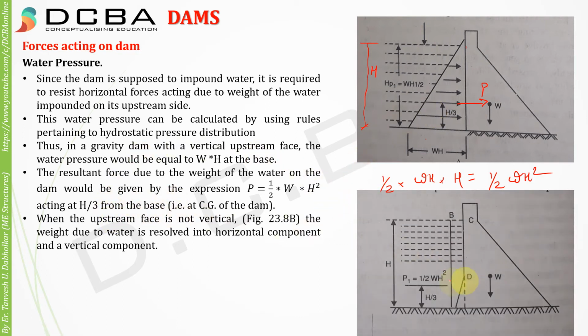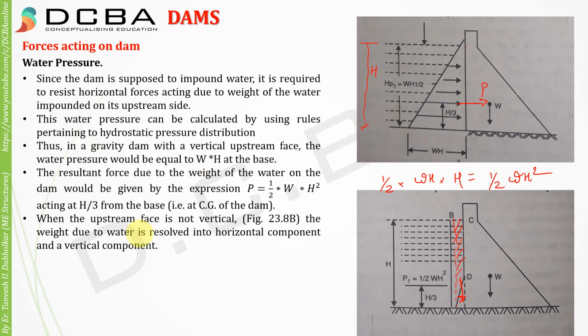When the upstream face is not vertical, as in the previous case where this was entirely vertical, here you can see there is a sort of inclined face. Then what will happen, along with the horizontal pressure, this much weight of water will act vertically also.